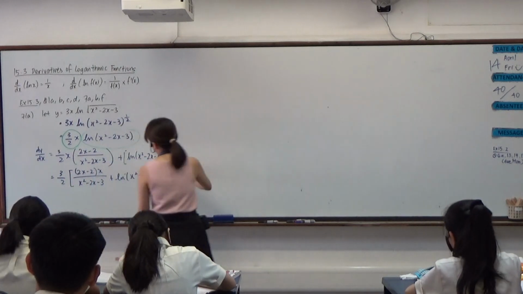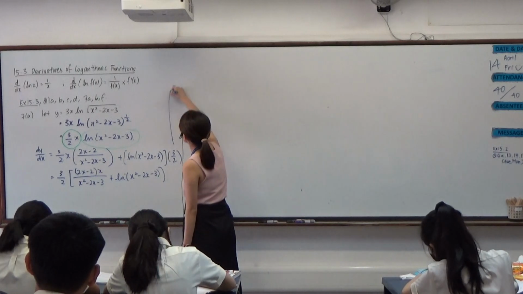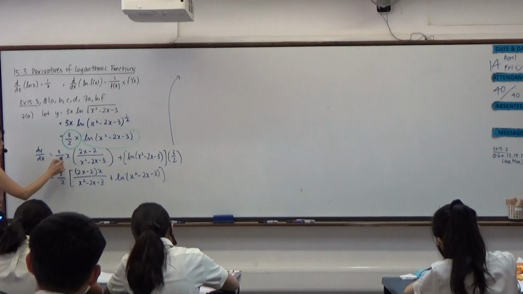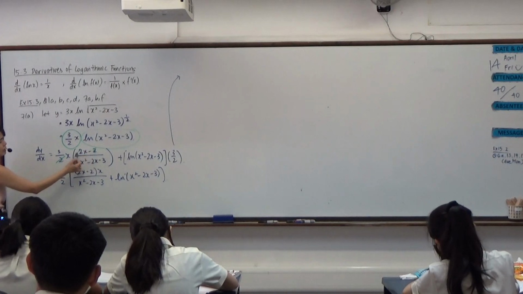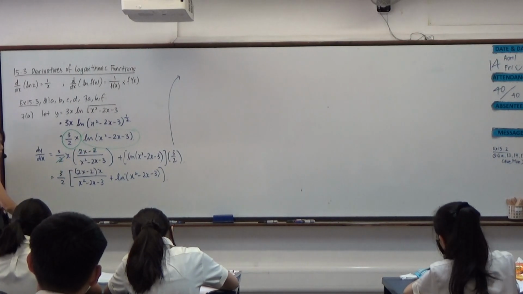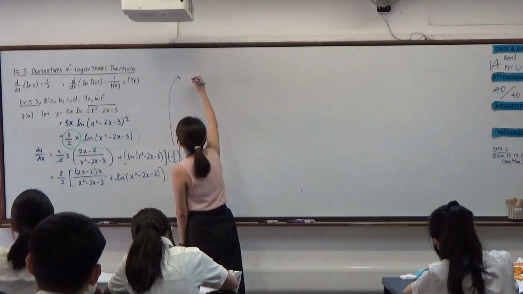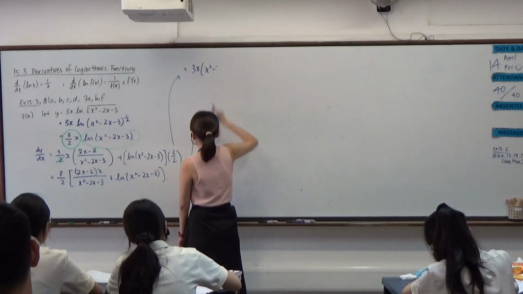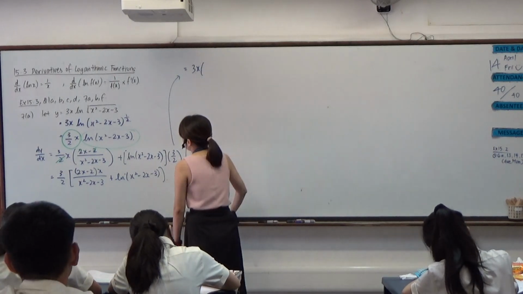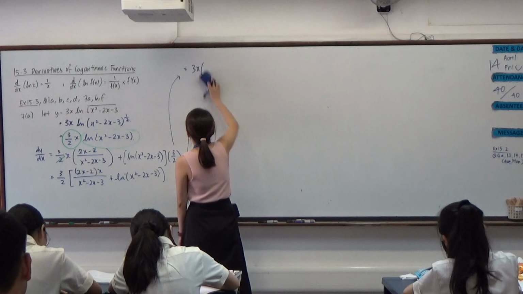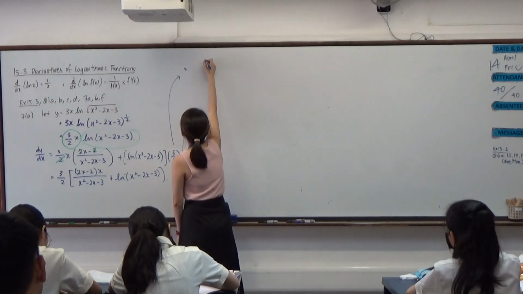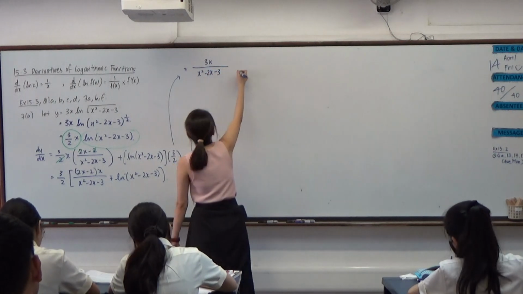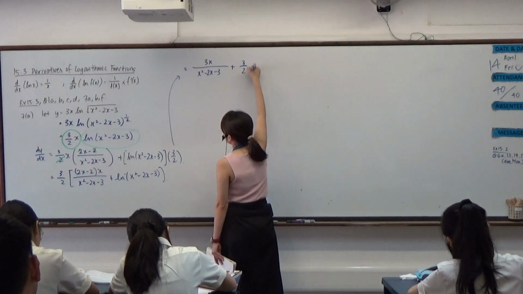Alternatively, you could also consider that the 2's here cancel each other out, because you can factorize out 2 and divide by 2. So you could also leave the answer as 3x squared minus 1 over 3x over x squared minus 2x minus 3 plus 3 over 2 times the logarithm.